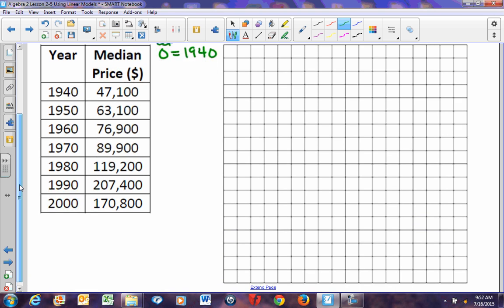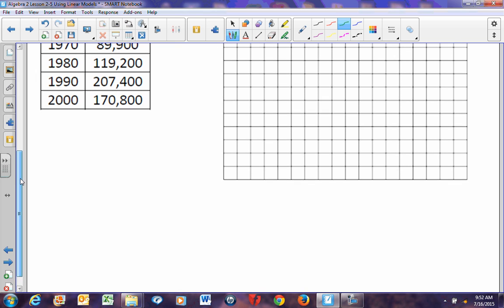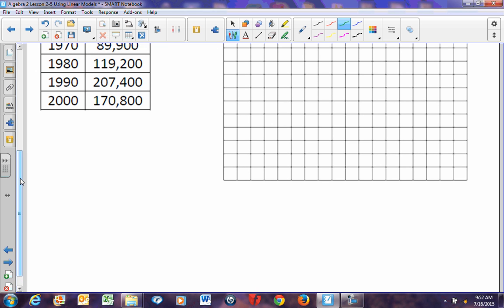So if I decide to do this, this is 1940, this is 1945, this is 1950, 1955, 1960, 65, 70, 75, 80, etc. This would be number of years since 1940. So 1940 would be 0 years, and 10 years from 1940 means this is 1950.